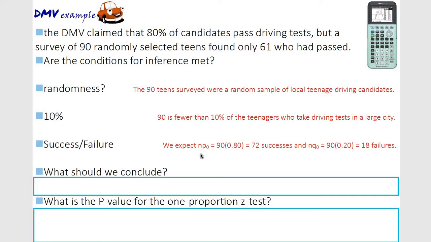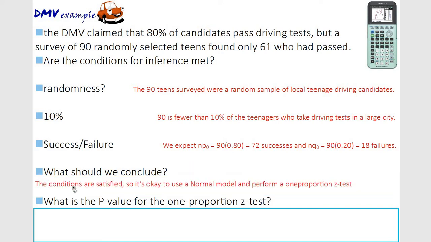Now that we have all three things shown, what can we conclude? Conditions are satisfied, so it's okay to use a normal model and perform a 1 proportion z-test. So this is how we show we did our conditions.